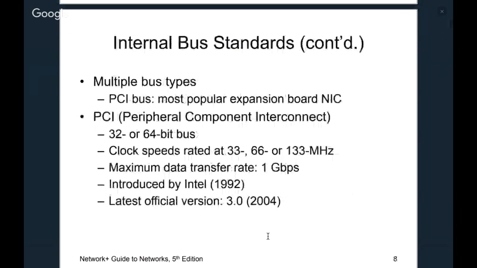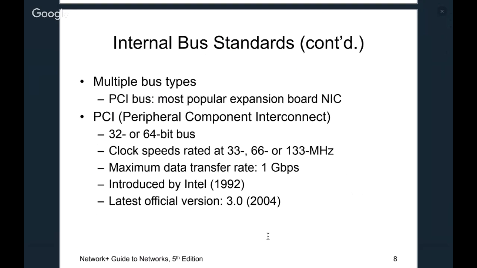So, different bus types. The NIC falls upon what's called a PCI bus, which is a peripheral component interconnect. It falls on a 32 or 64-bit, like I mentioned earlier, the two types of computers available today. Clock speed goes all the way up, even higher today, into the 256 megahertz. And then maximum data transfer, again, even getting higher now. This is kind of an older slide, 1 gigabit per second.